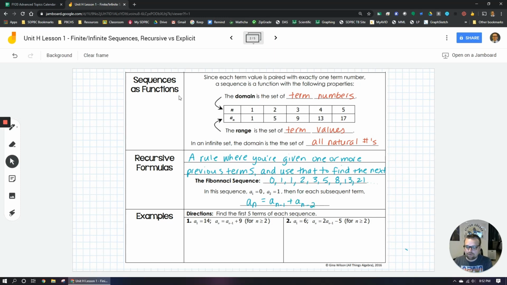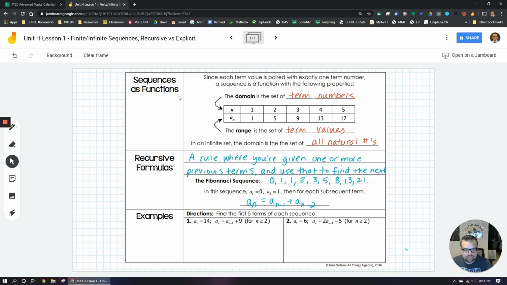Okay, so let's explore what that looks like. Let's say, for example, I was looking for the third term in a Fibonacci sequence. This is the rule for it. The third term, we already know it's 1 because the whole thing is listed there, but it would be found by using a sub n minus 1.